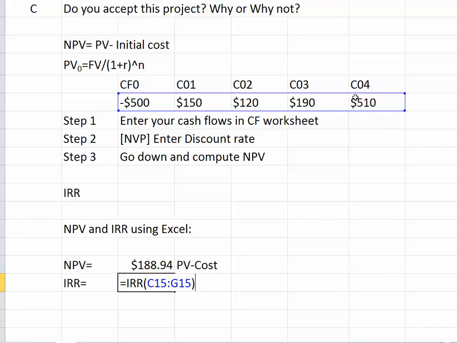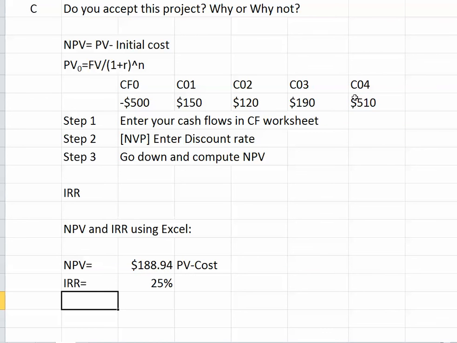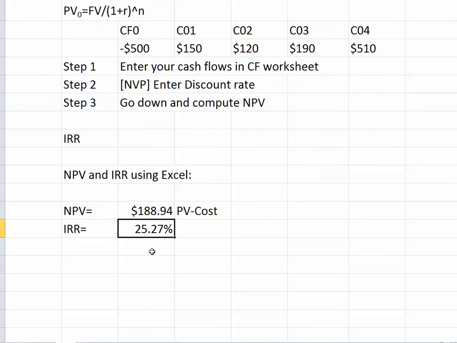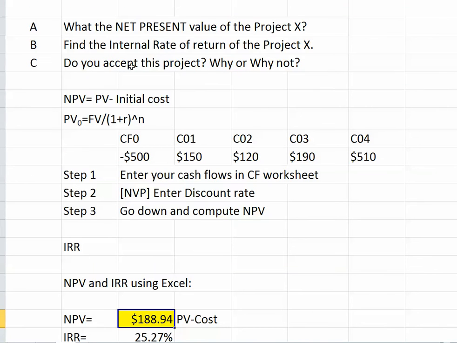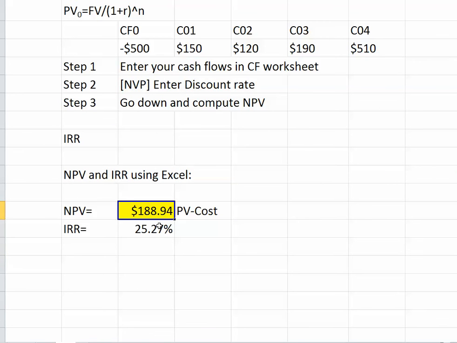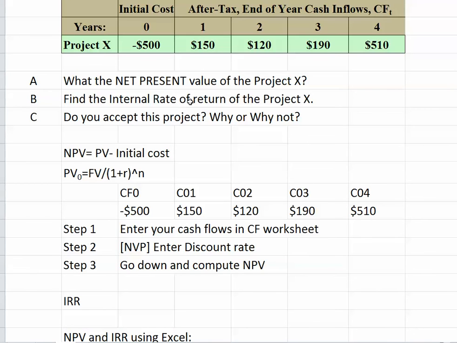Okay, so this is your internal rate of return. Let me put two decimal places, so 25.27. So you answer question number 1: what is the net present value of this project X? And you answer question number 2: what is the internal rate of return?